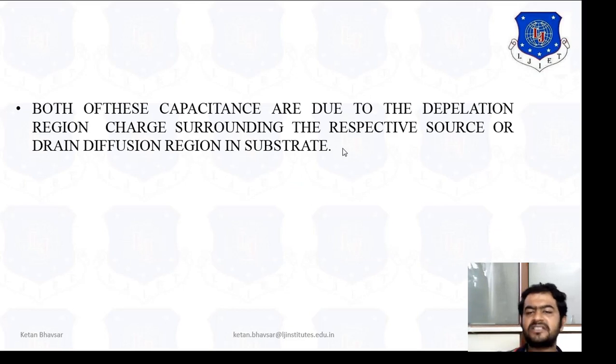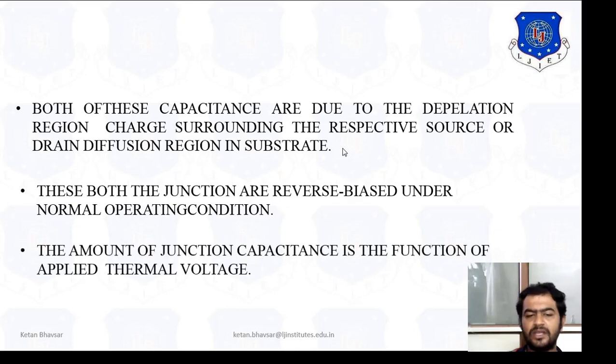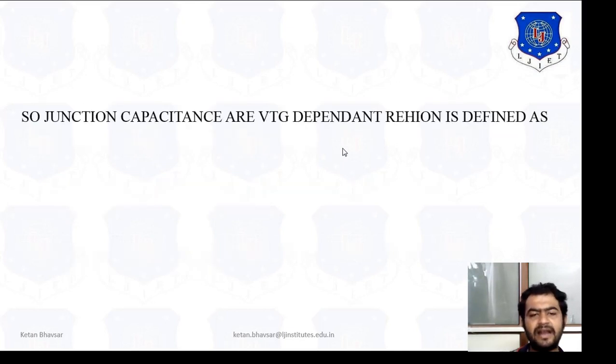Both of these capacitances are due to the depletion region charge surrounding the respective source or drain diffusion region in the substrate. Both of these junctions are reverse biased under normal operating conditions. The amount of junction capacitance is a function of the applied terminal voltages. So the junction capacitance is produced only because of the applied voltages.